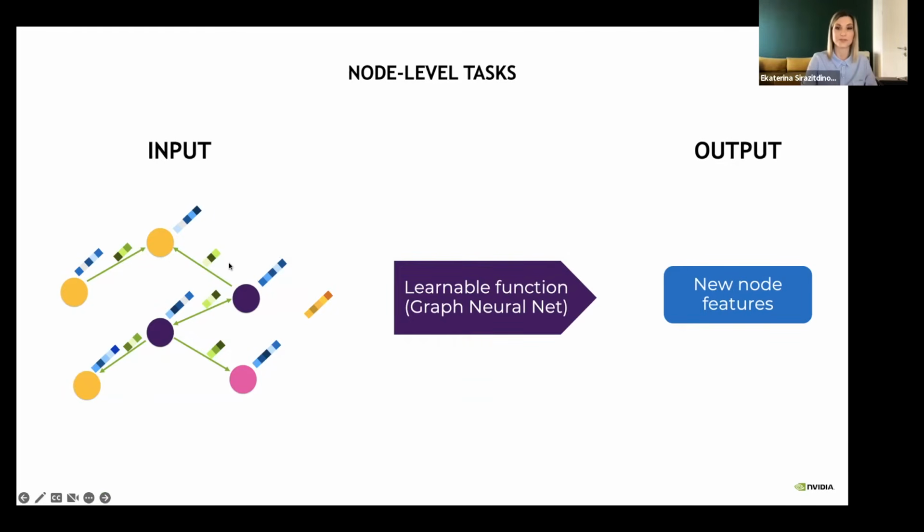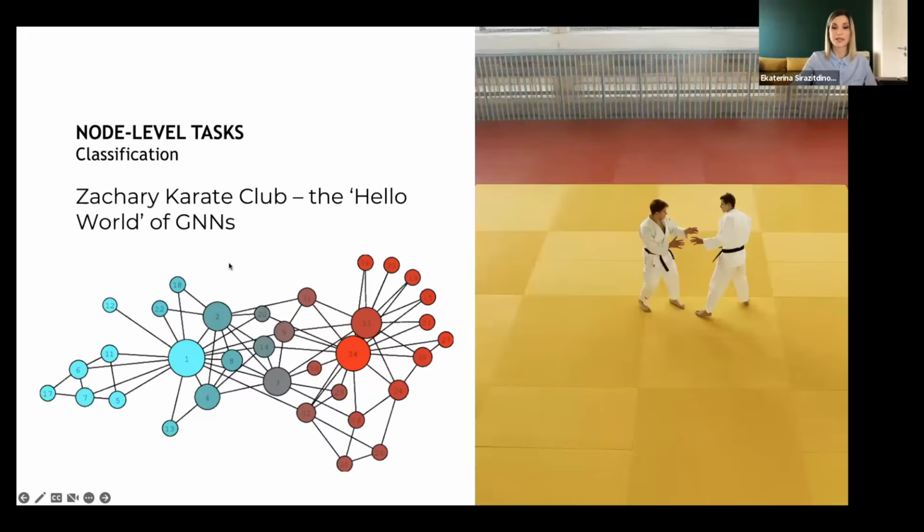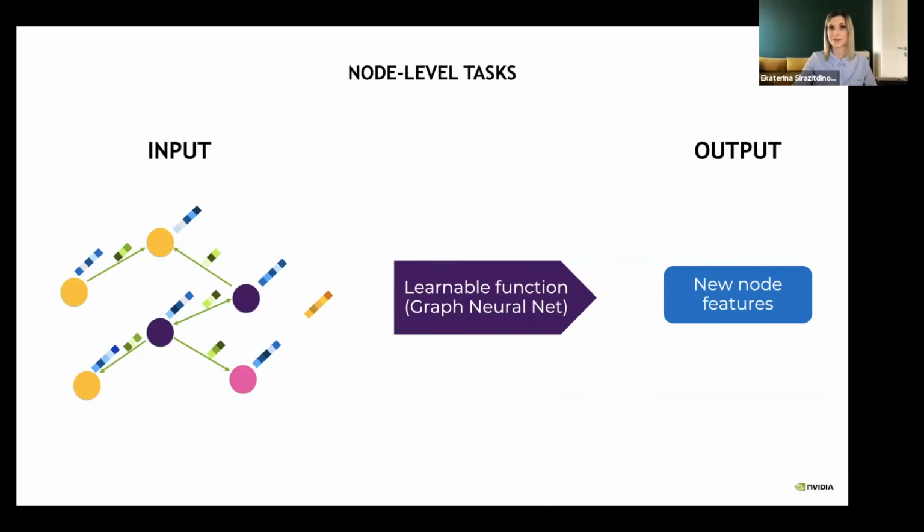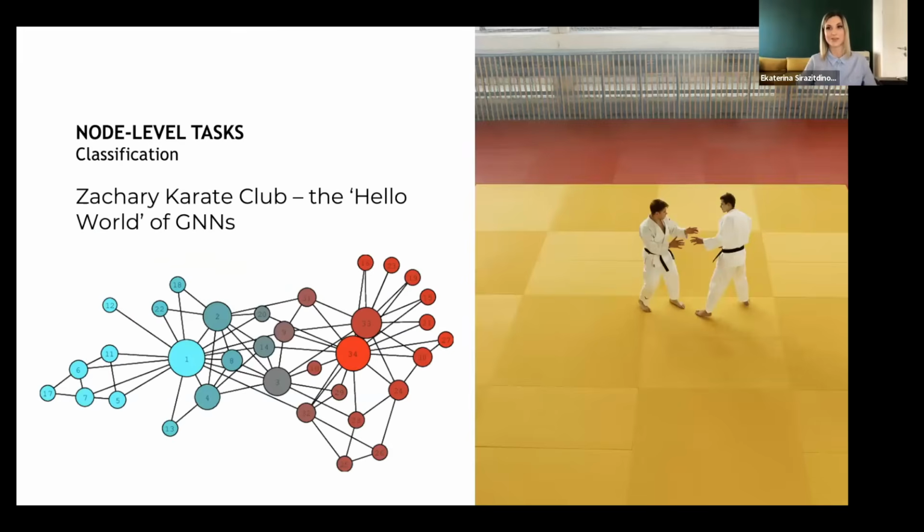If you compare it to convolutional neural networks in image processing, this might be compared to segmentation, where our goal is to label each individual pixel in the image, for example, saying that it belongs to class A or B. We can do it on graphs as well.